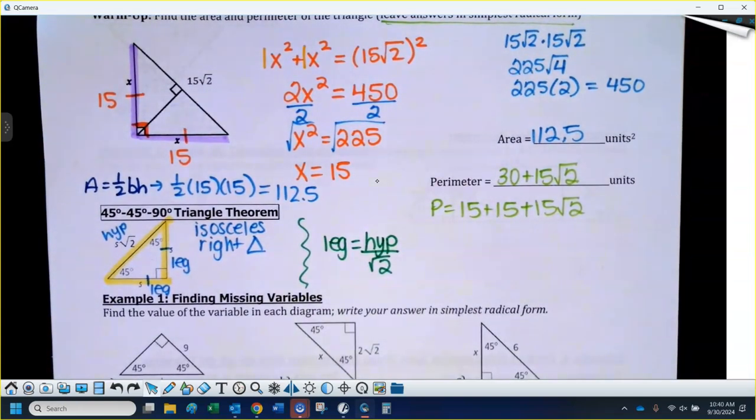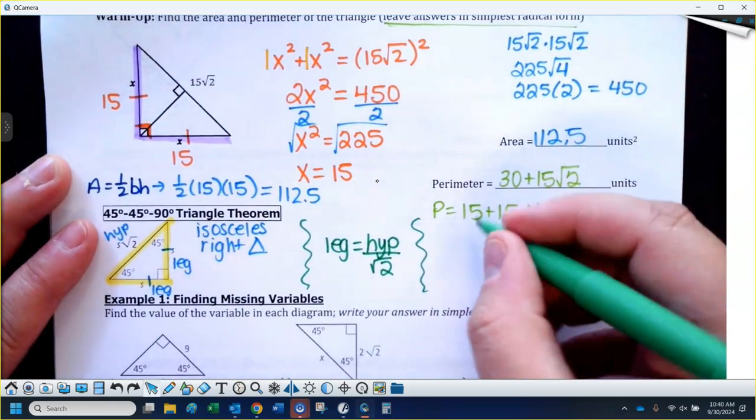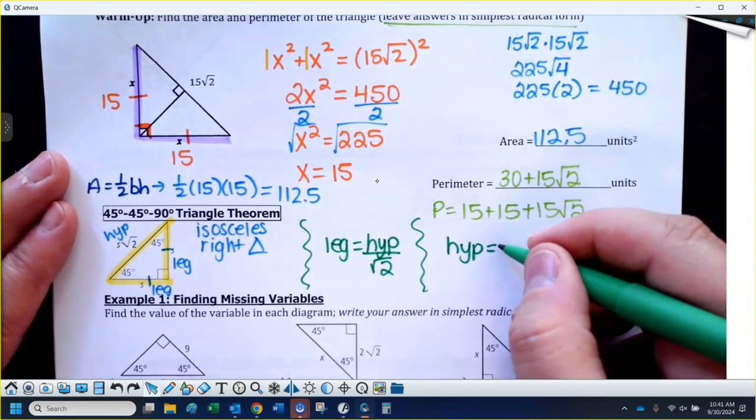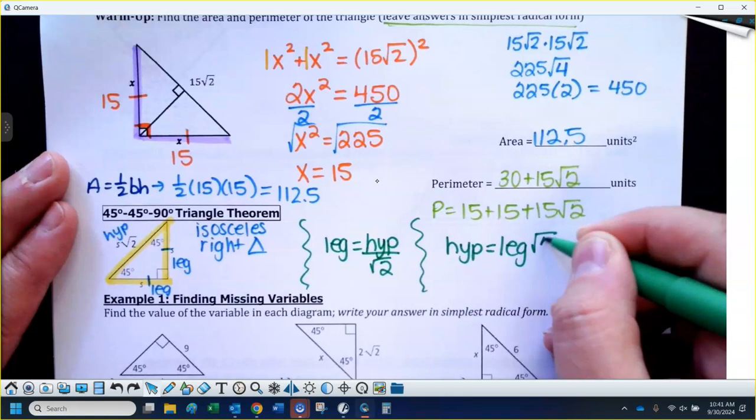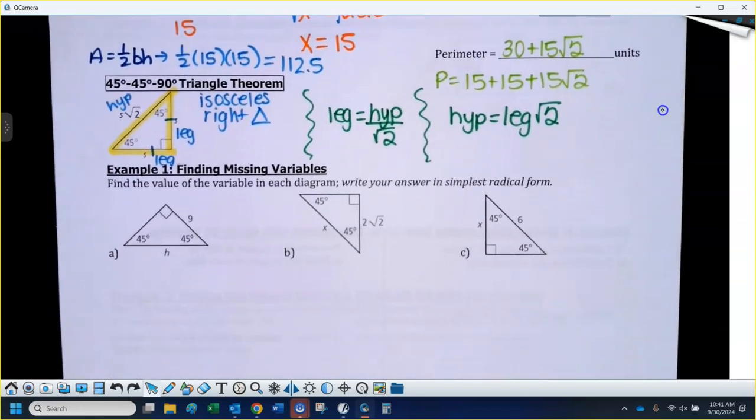So if you know the hypotenuse, the leg is going to be the hypotenuse divided by the square root of 2. The other formula is that your hypotenuse, if you don't know that, but you do know the leg, is the leg times the square root of 2. So those are the two things that would go on for these problems. Some of these can be really quick and easy, and some of them can take you a little bit to do. It just depends on what they give you in the question.